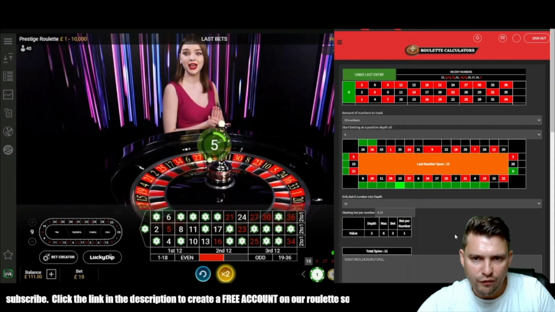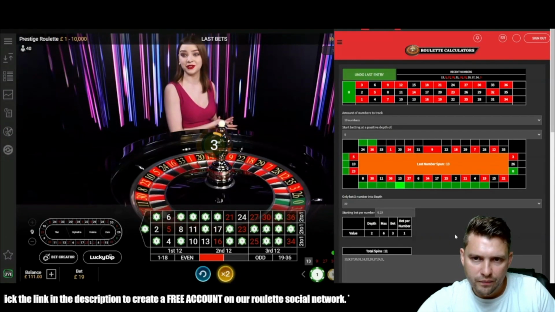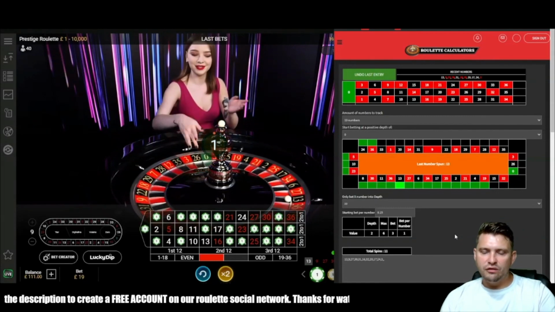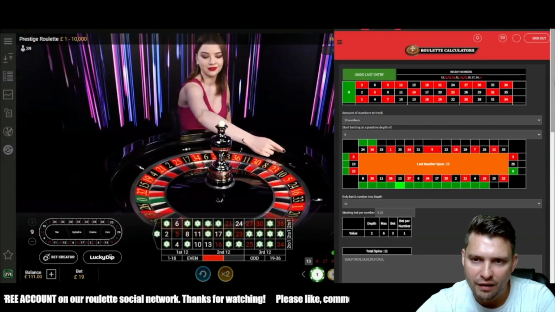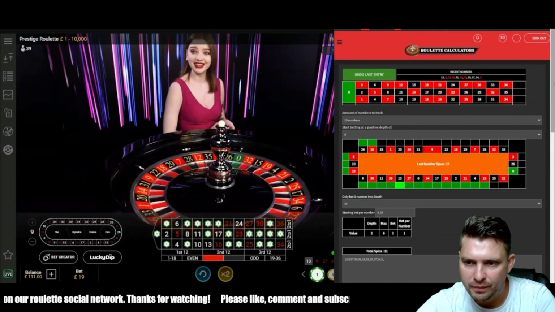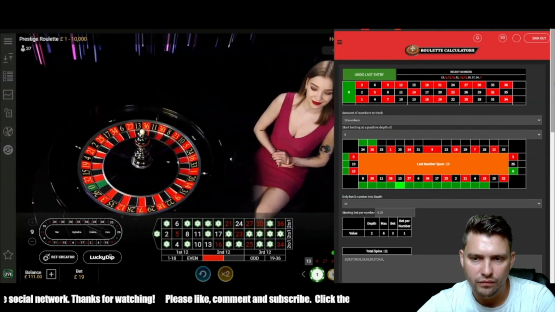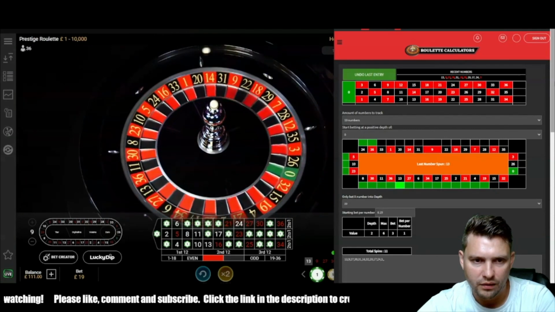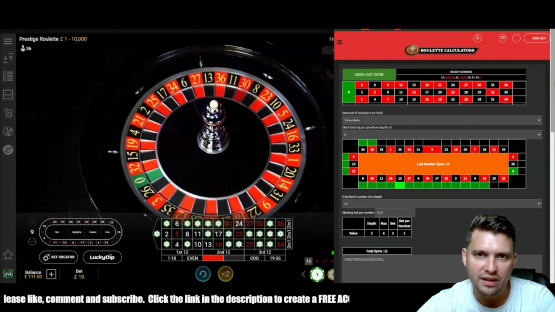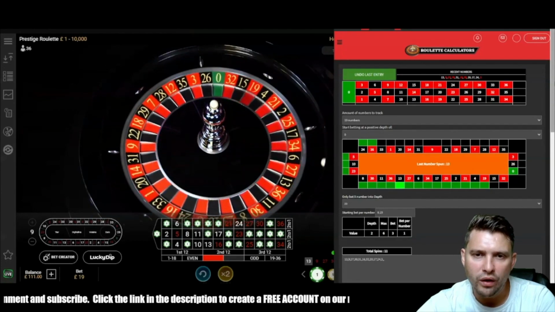She's currently on a depth of 2. So he's missed that highlighted area twice in a row. I'm sure Sam wants to see that go up to a depth of 5 or 6, which would be nice. And it looks like he is just sticking to the flat betting, which is what he used to do.